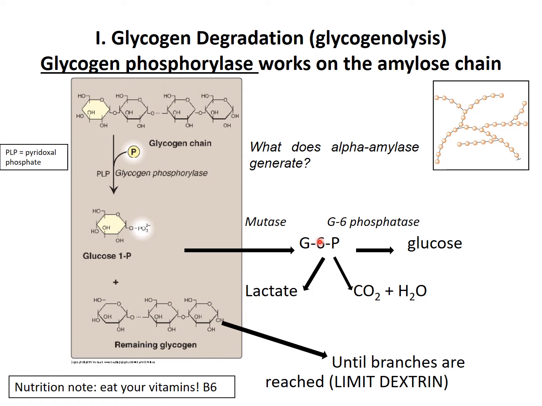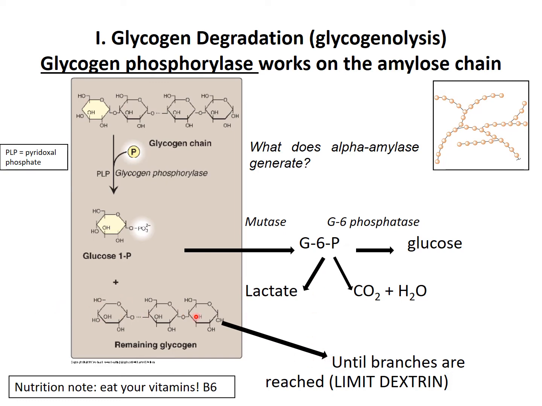In non-liver cells, glucose 6-phosphate will be channeled into glycolysis: in anaerobic cells, lactate; in aerobic cells, complete oxidation will happen. Why is it good that we have glucose phosphate and not simple glucose? Because glucose 1-phosphate can easily turn to glucose 6-phosphate and directly go to glycolysis.